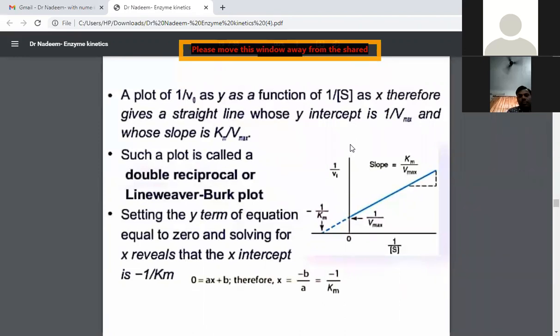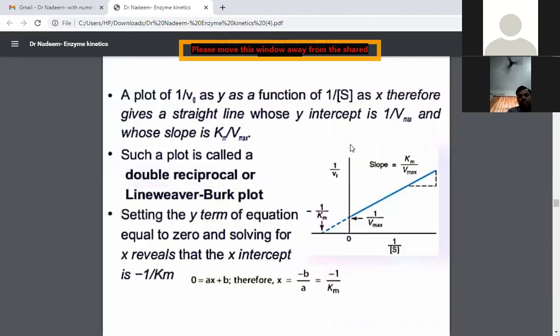Both the equations have substrate and velocity on different axes: substrate on the x-axis and velocity on the y-axis.